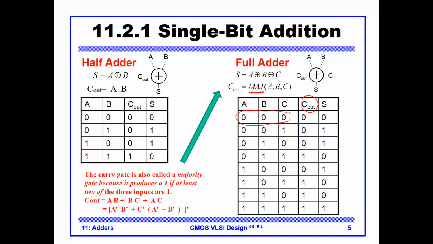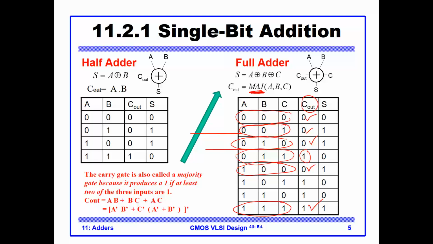Here, the majority of the inputs are zeros, then the C out is a zero. The majority of the bits is zero, still zero. The majority of the bits is zero, zero. The majority of the bits value is a 1, then it becomes a 1 because I have two ones here. How about here? The majority is 0. How about here? What's the majority of the bits? It's a 1. So that's why they call the C out a majority. It follows the majority of the values of the bits.